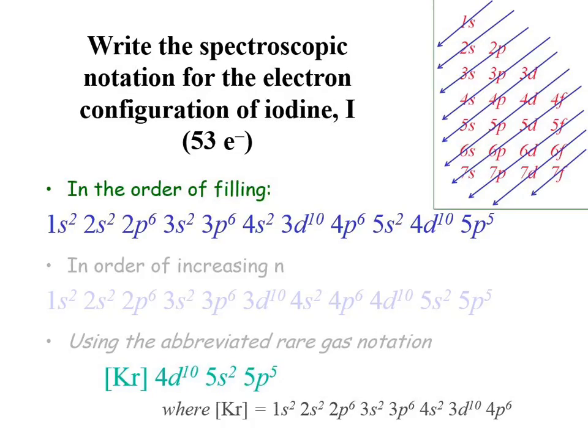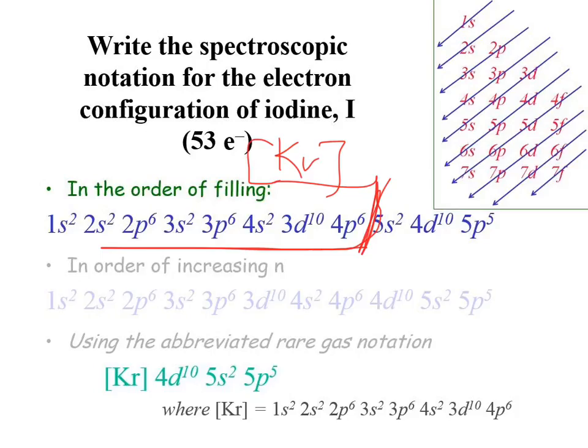So I'm going to go back up to this one. Kr in brackets represented all of that stuff up to 4p6. So personally, I probably would write it like this: Kr, and then 5s2, 4d10, 5p5.